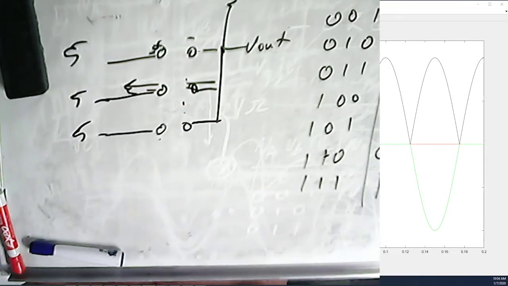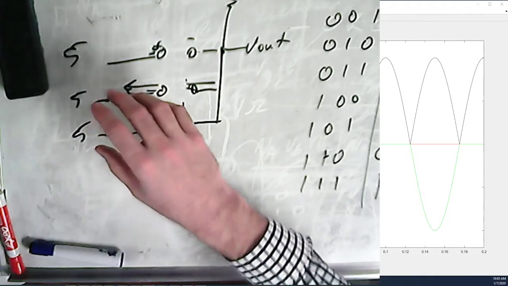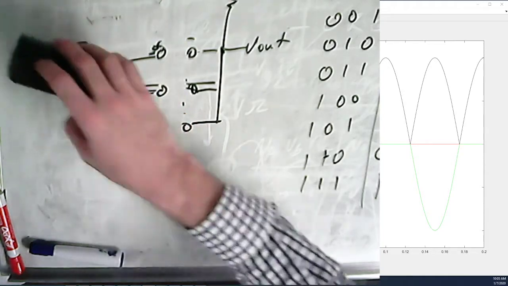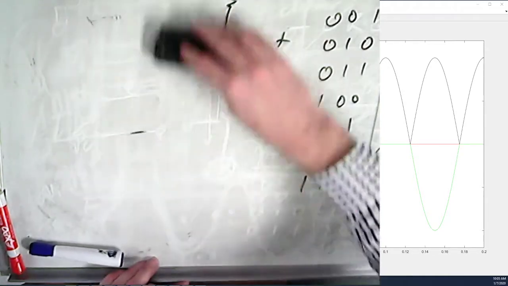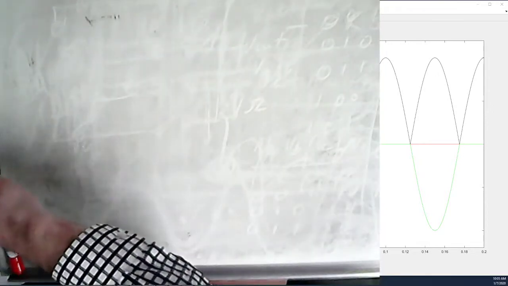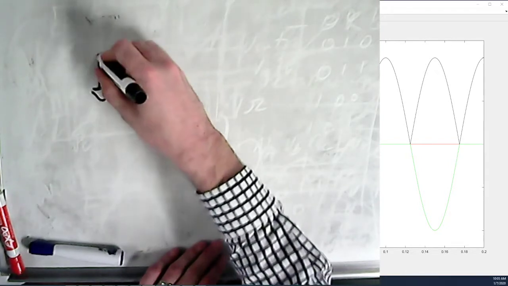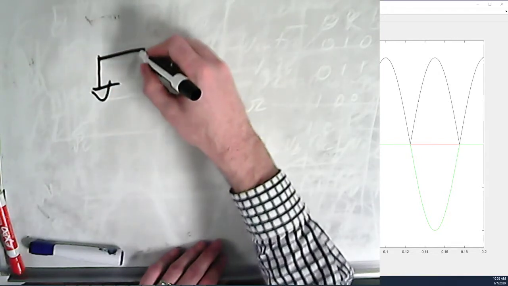So those are the examples I want to show you. There's one more that we can get to before we stop. And this once again requires multiple diodes. So that's a ground, not a diode.